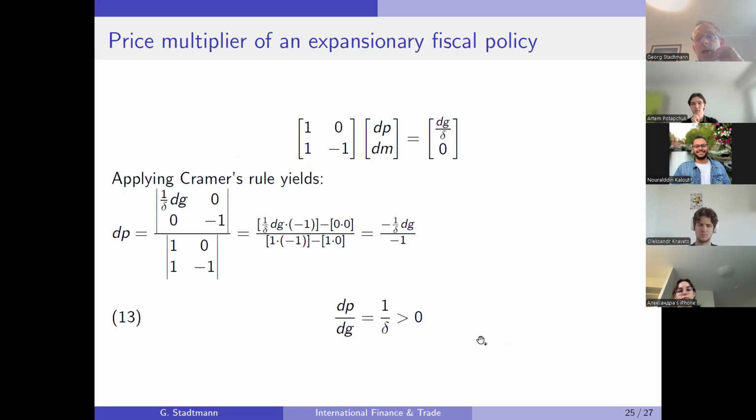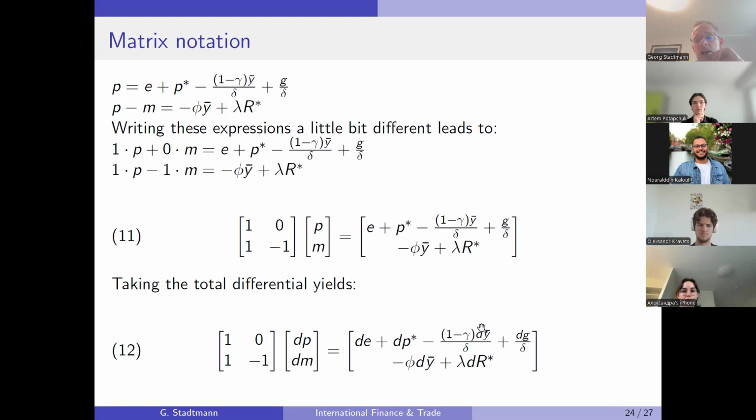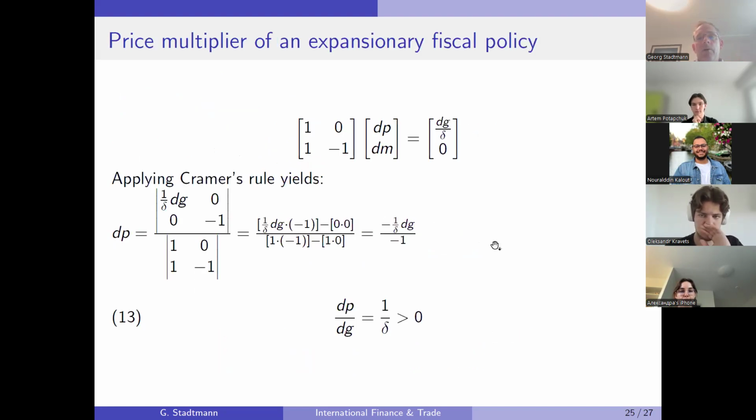So now we want to analyze an expansionary fiscal policy. So it is the case that dg over delta plays a role. So the government is increasing government spending here. All other exogenous variables are constant, so that we arrive at this equation here.